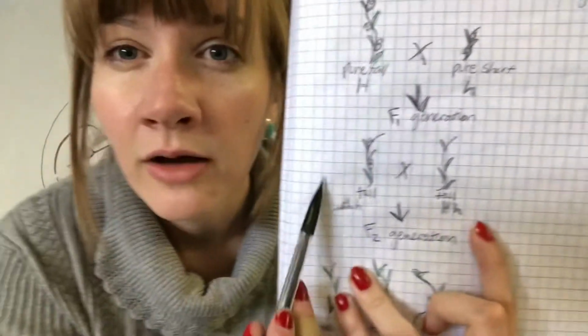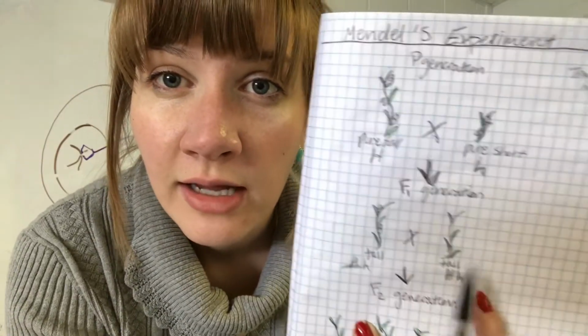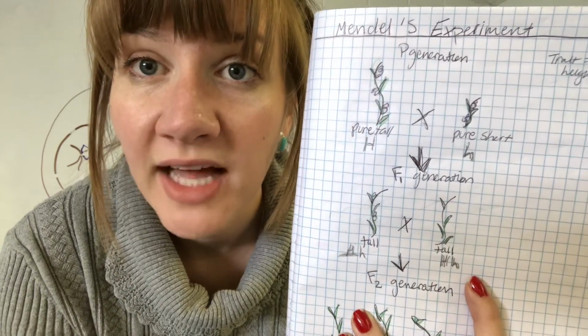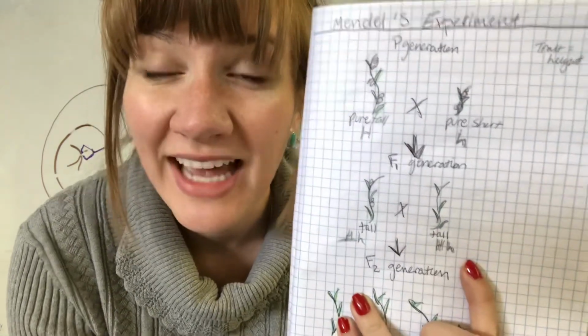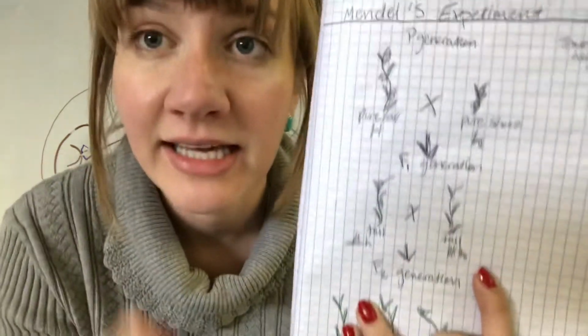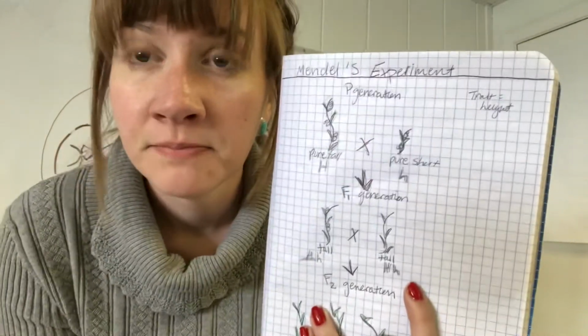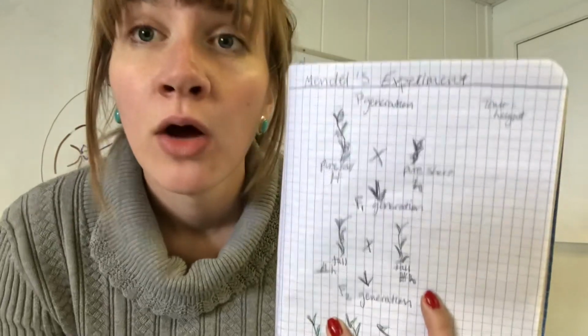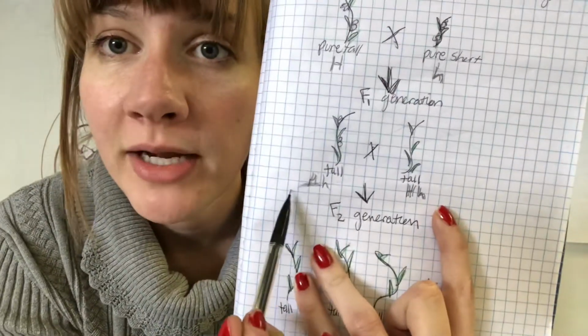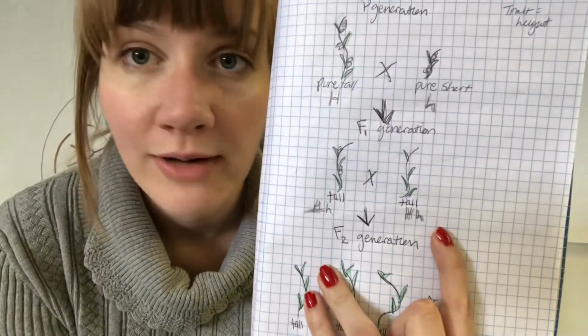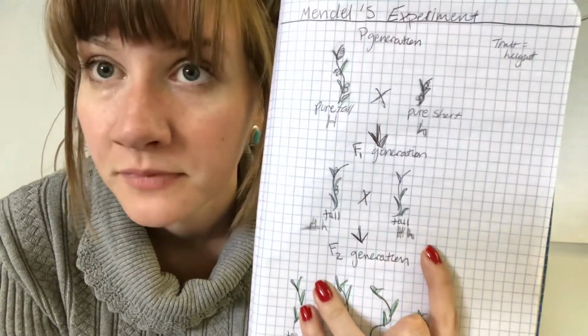So yes, all of this generation here had that recessive allele, that little h representing shortness. It had it in its blood, in its DNA, in its genes, but it didn't show up physically, even though it was present. Why? Because that dominant allele, that tallness allele, just walked right over it and made it hidden.